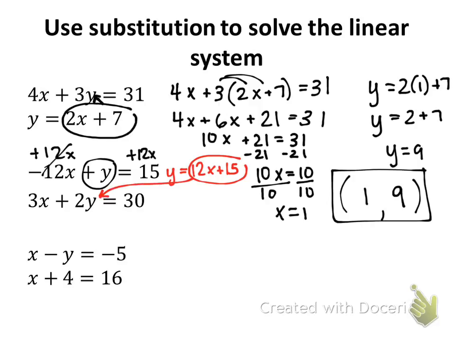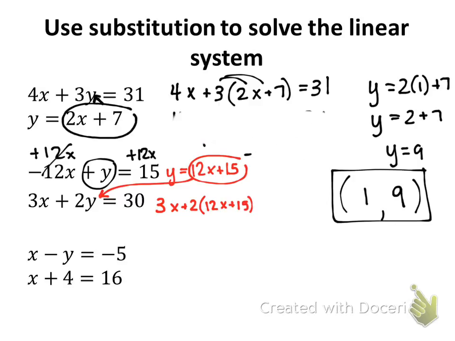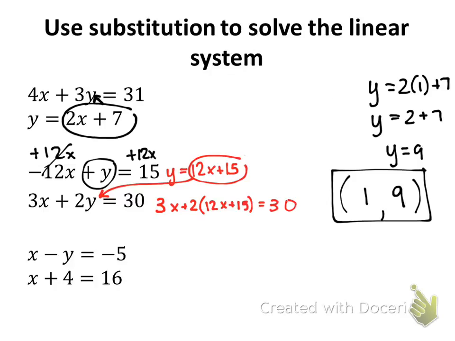So I'm going to do 3x plus 2, and then in parentheses I'm going to substitute in 12x plus 15 equals 30. Now I'm going to erase some of the work from the first problem since we already know what our answer is.